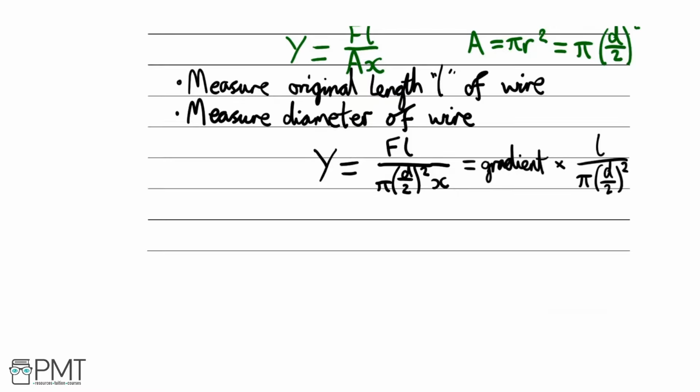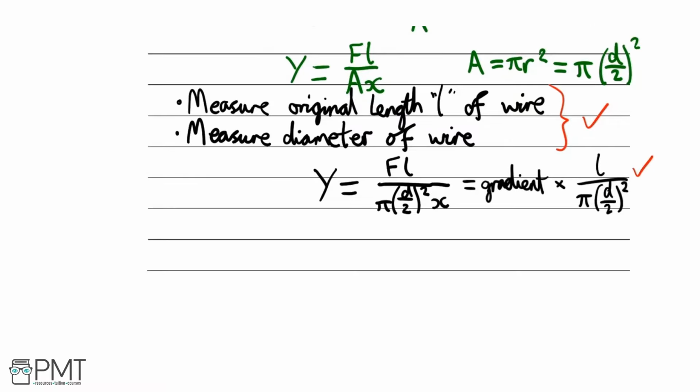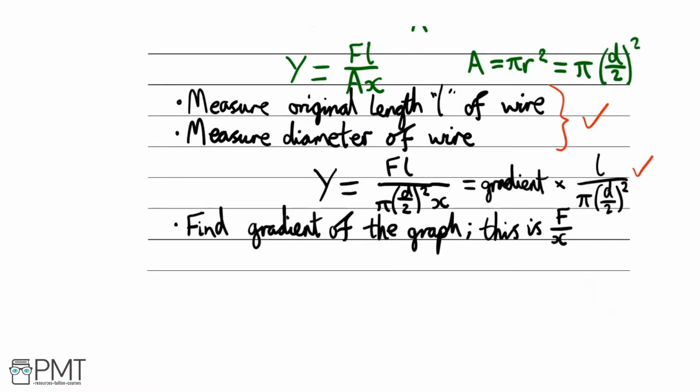So in terms of where the marks are obtained in this question, I would say that you'll get a mark for correctly mentioning both of these. You get another mark for correctly writing out the equation in its final form. What you probably want to do also is write out in full that you need to find the gradient of the graph and what that represents. And then those are your 3 marks.